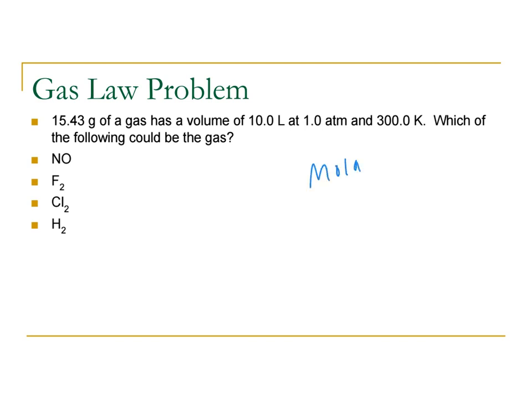The answer that I get here is the molar mass is 38 grams per mole. Now, if we are trying to identify which of these four gases it is, it's not going to be NO because I get 30 grams per mole, 30.01. Fluorine is 19 in the periodic table, but there are two fluorines, so 2 times 19 is 38.